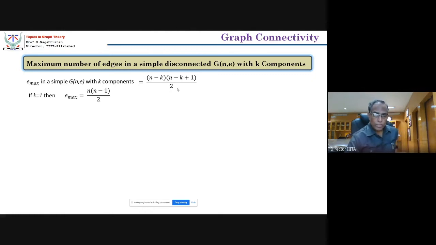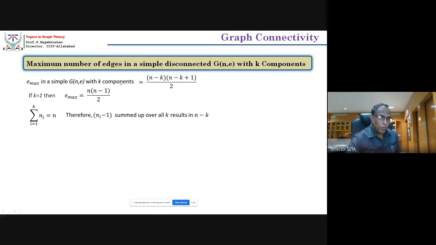I have already told you that the sum of ni is equal to n, so the total number of vertices is n, summed over all the k components. If I remove one vertex from every component, so from the ith component, then the total number of vertices that I will be removing will be k.